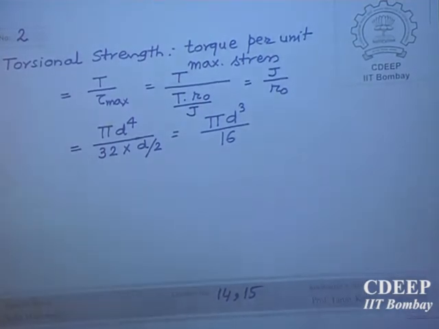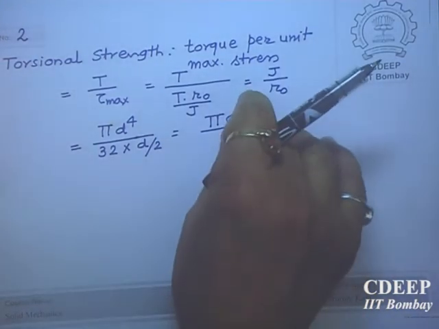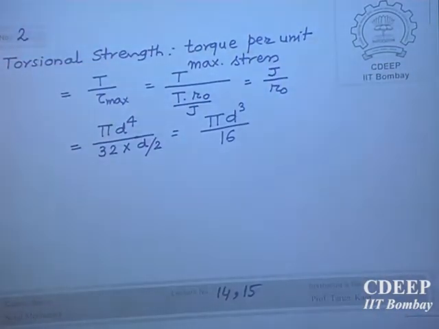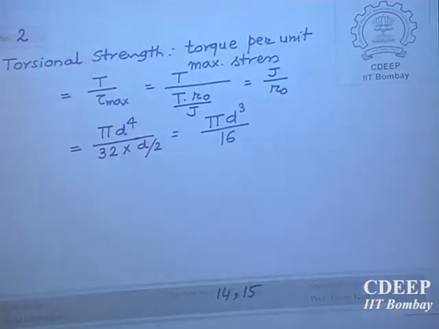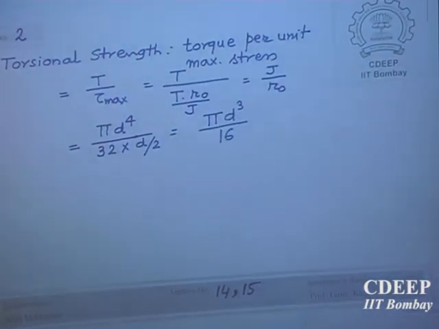It is a constant value, a geometrical value for any cross section. So given a shaft, you can find out what is the torsional strength. So these are some preliminaries, and we have derived everything.